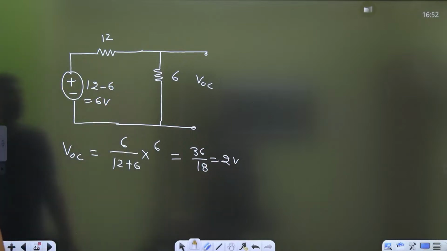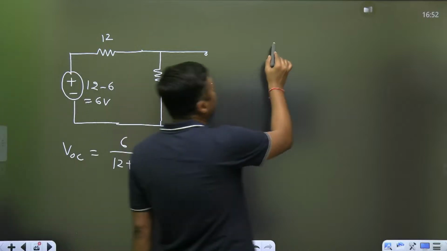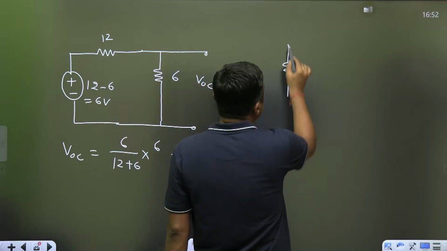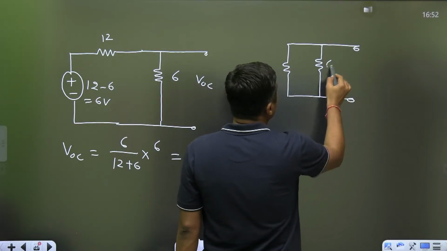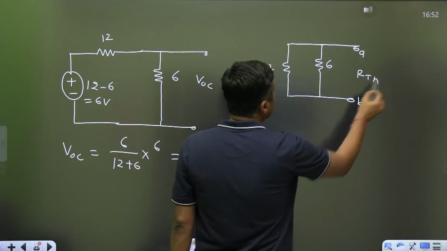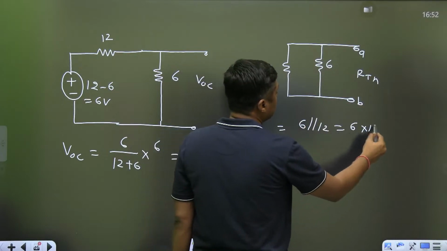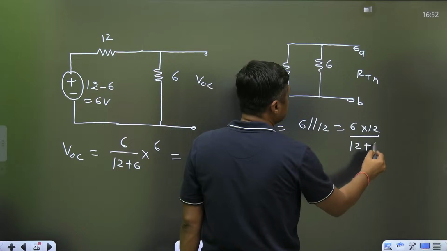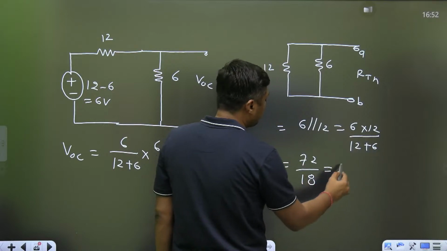And to find the Thevenin's resistance, make it short circuit, then 6 and 12 are in parallel. What is the RTH? 6 parallel with 12, that is 6 into 12, 72 divided by 12 plus 6, that is the 18. 72 divided by 18 is nothing but 4 ohm.